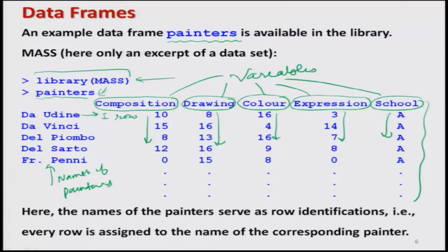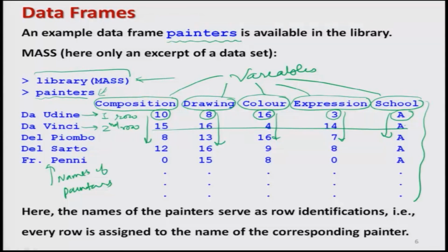That means the composition for the first painter is given, the observation on the drawing of the first painter is 8, the observation on the variable color for the first painter is 16. The data on the variable expression for the first painter is 3, and the first painter belongs to school A, the school whose category is A. This is the first row, and the second row contains the data for the second painter and so on.